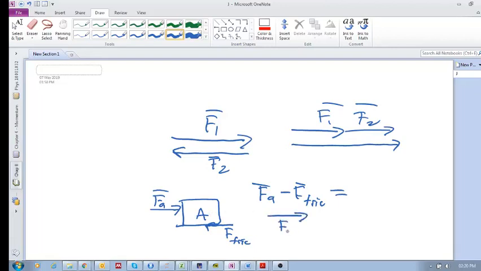So if you add up these two vectors, you're going to have a resultant vector pointing in this direction, which means that if there's a resultant vector sum of force, then there is an increase in speed in that direction.